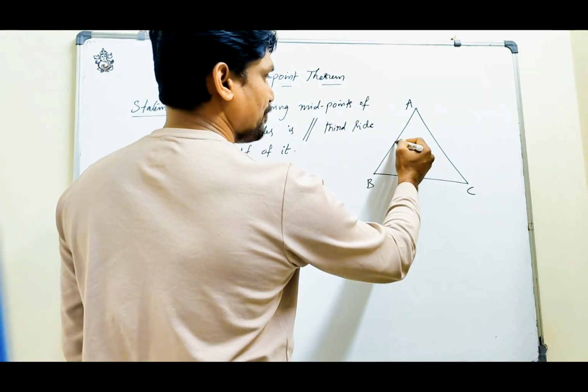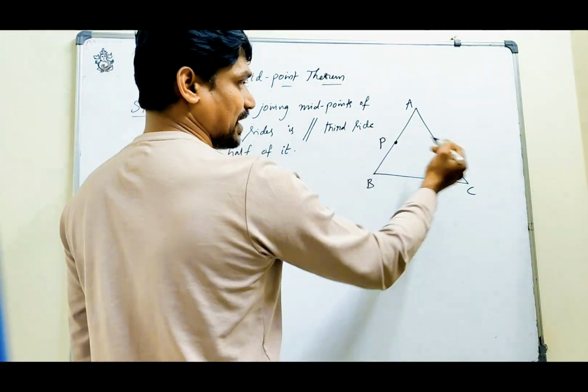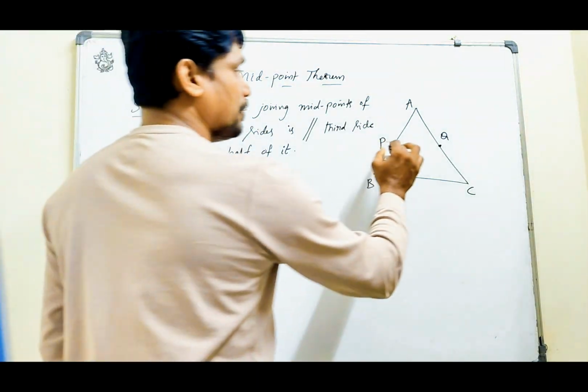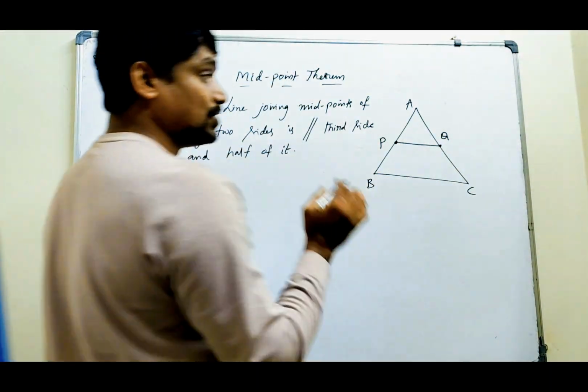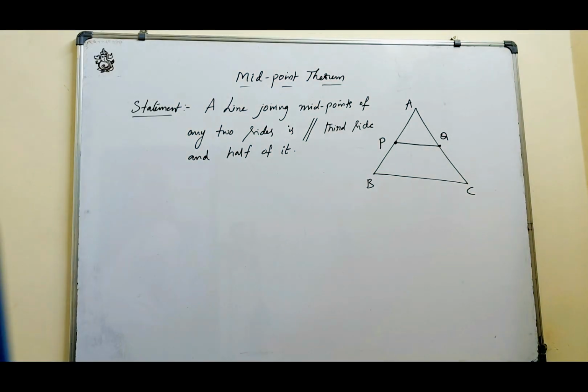So let me take midpoints of these two sides. AB midpoint P and AC midpoint is Q, such that PQ is a line joining midpoints of two sides, AB and AC.